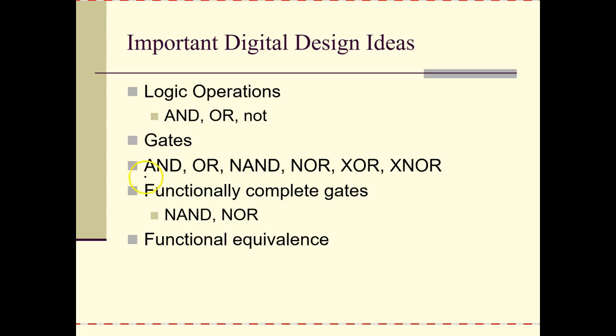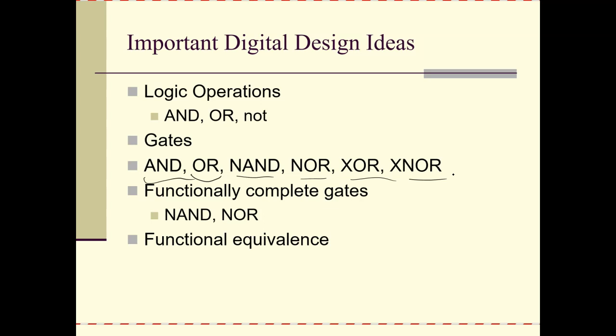Our basic gates are, of course, the AND and the OR, but we also have NAND, NOR, XOR, and XNOR. What we like to remember is that NAND gates and NOR gates are functionally complete, which means we could design any circuit in the world using just NAND gates and NOR gates. AND gates and OR gates are not functionally complete because you can't make an AND gate into an inverter, or the same with an OR gate.